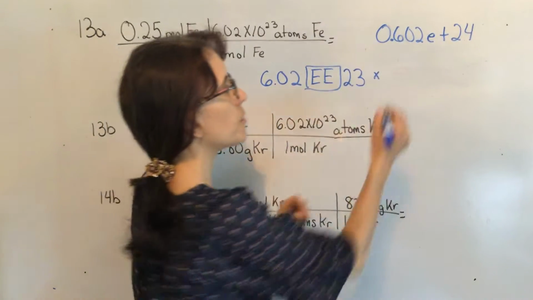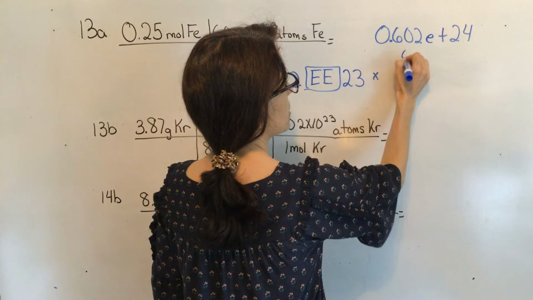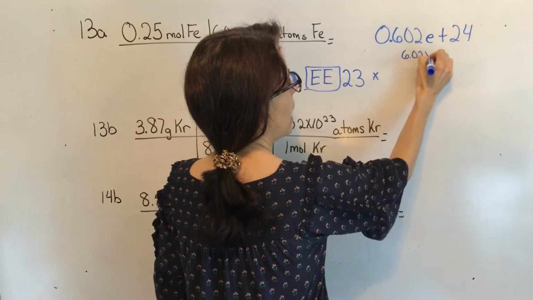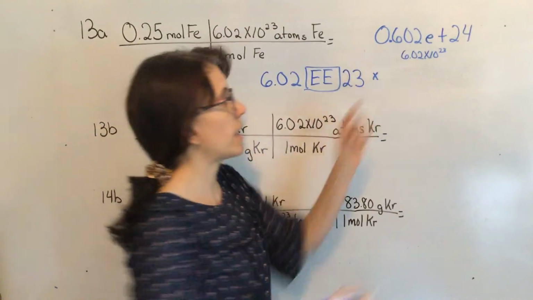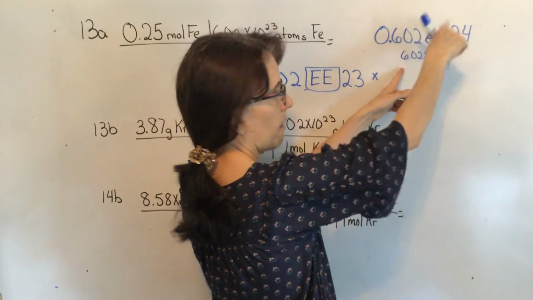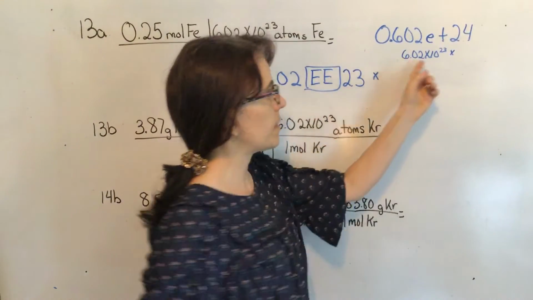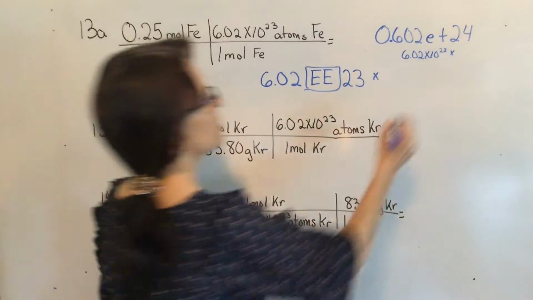Don't worry about that. Underneath that, in the small print, you will see in this little tiny display 6.02 times 10 to the 23rd, and it will be written out for you. All right? So if you see this number pop up underneath the calculator language, then you're golden. All right? So then you just put times 0.25.